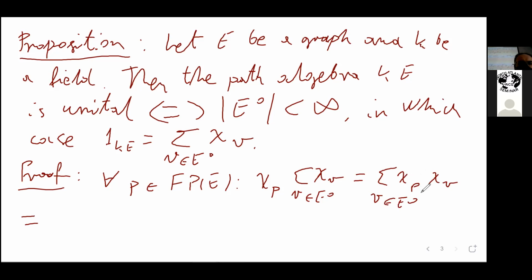And then it will be just chi P chi TP, which is chi P. And exactly the same argument goes when I put chi P on the right.